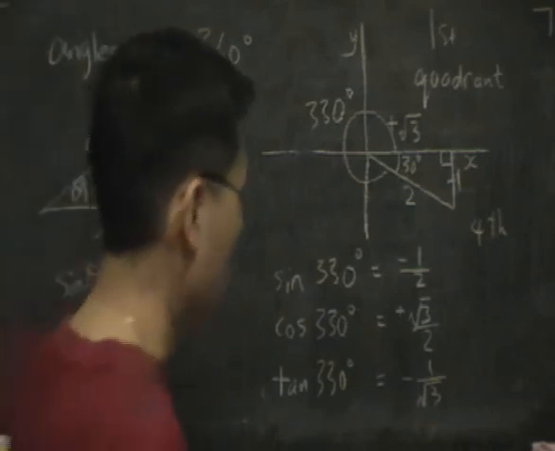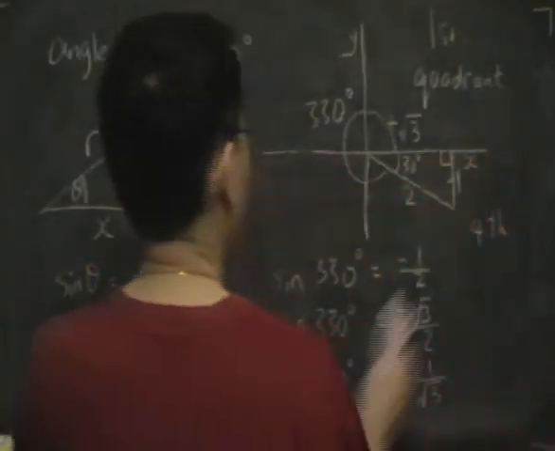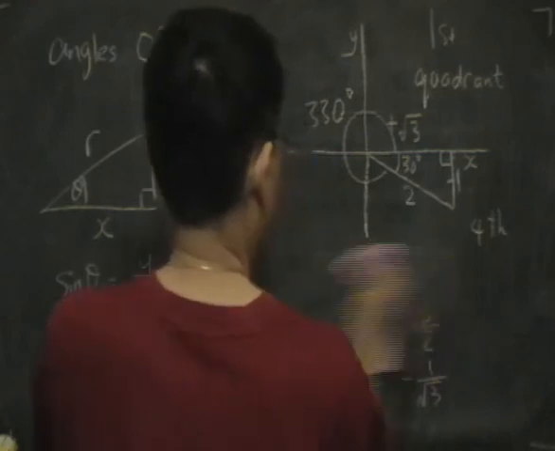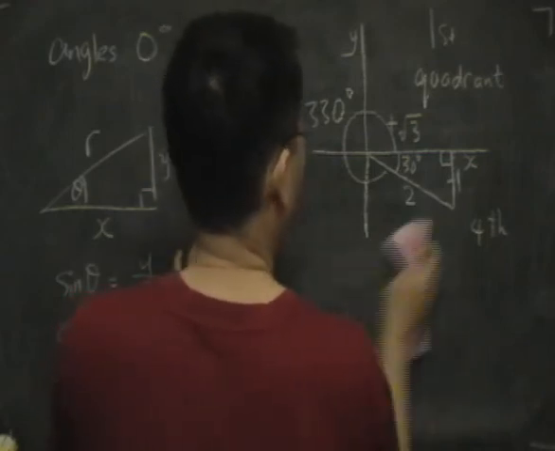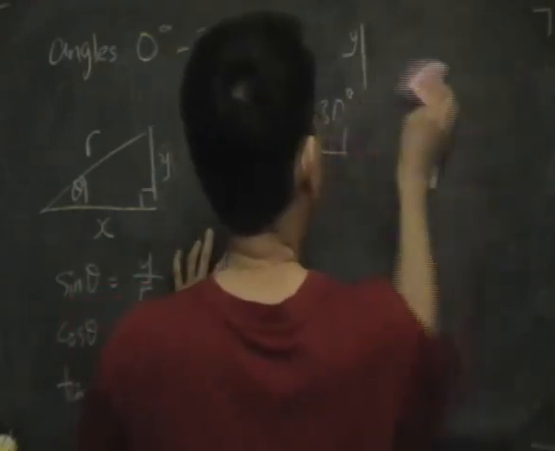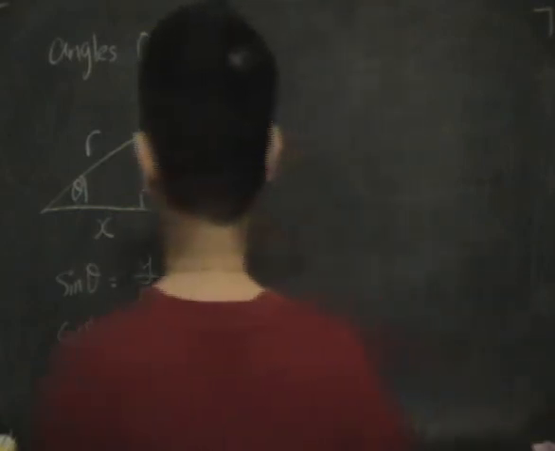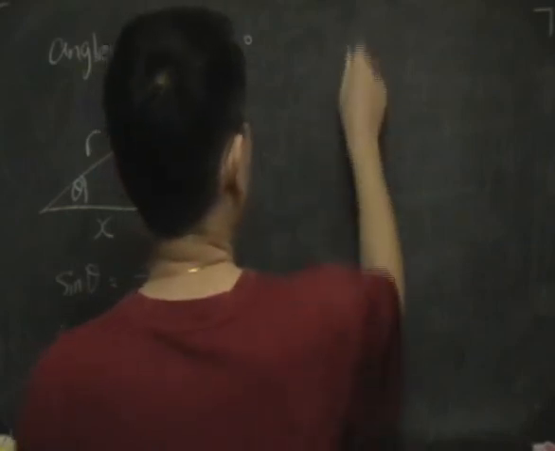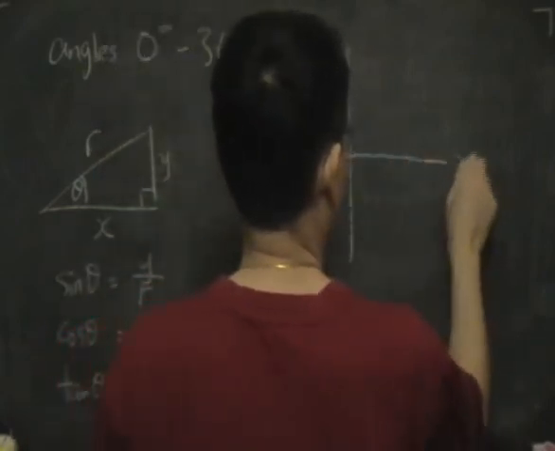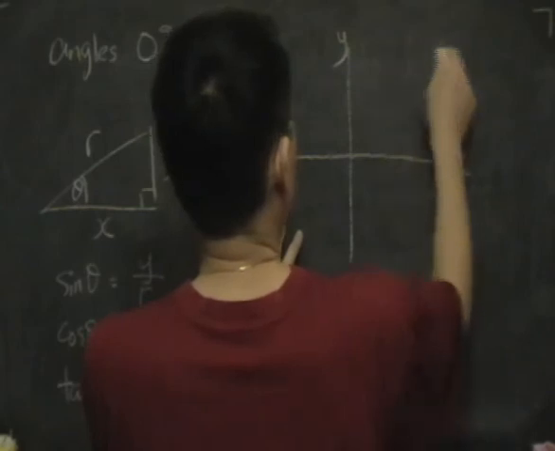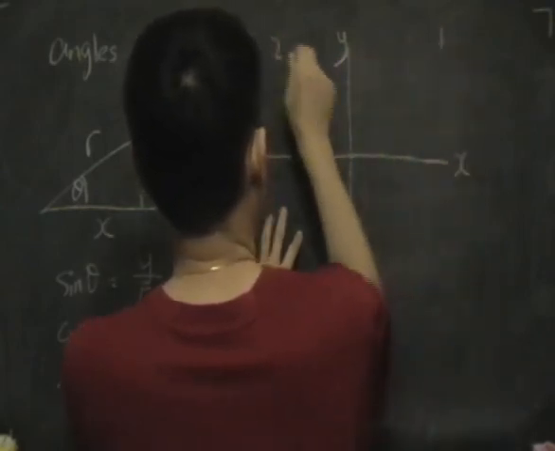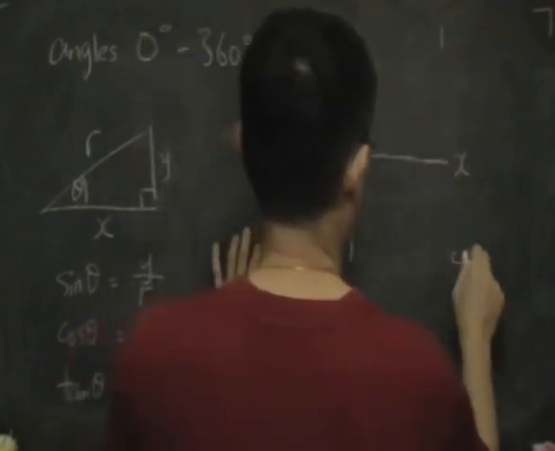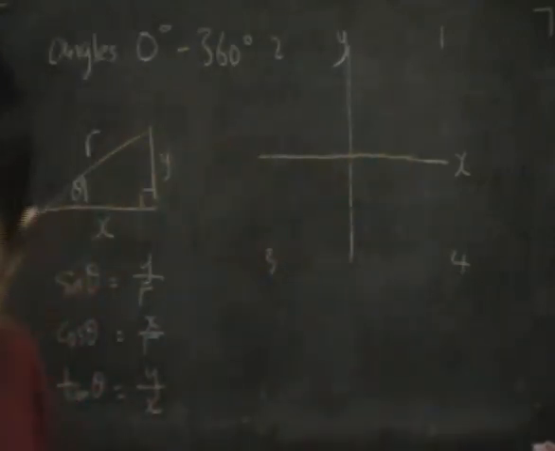But some people prefer to memorize it directly. So if you prefer that, so that's the 1, 2, 3, 4 quadrants.